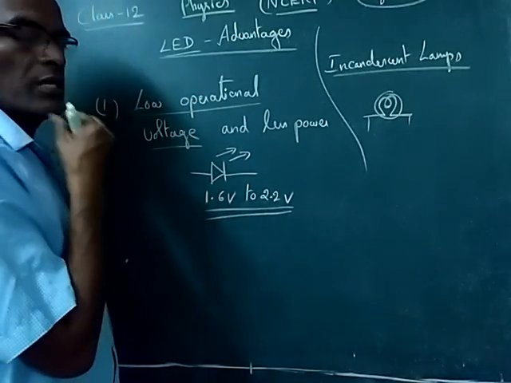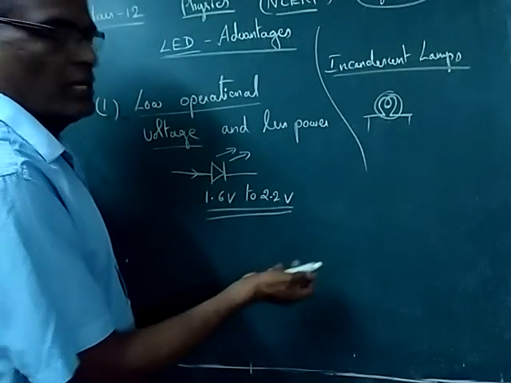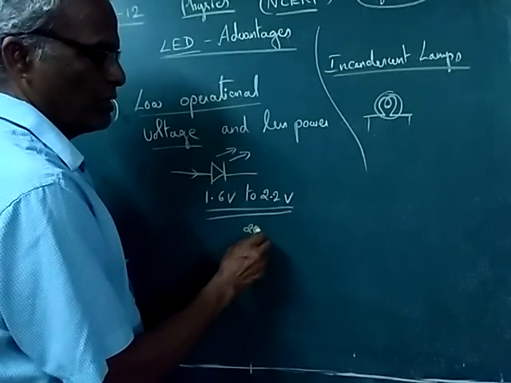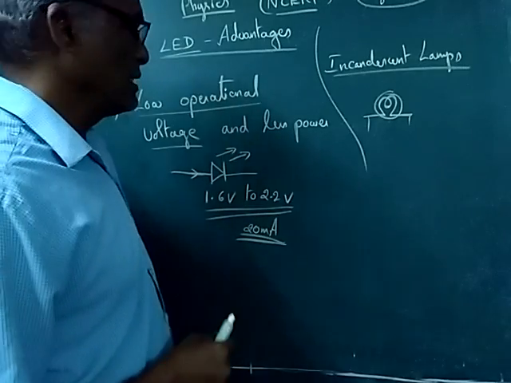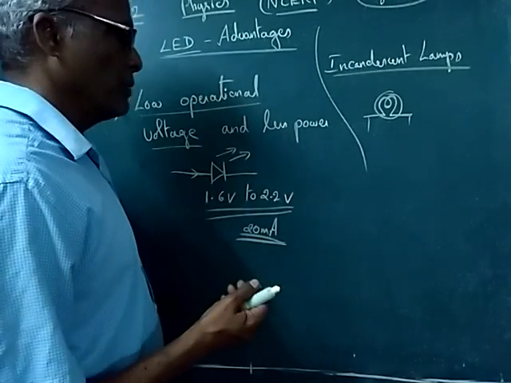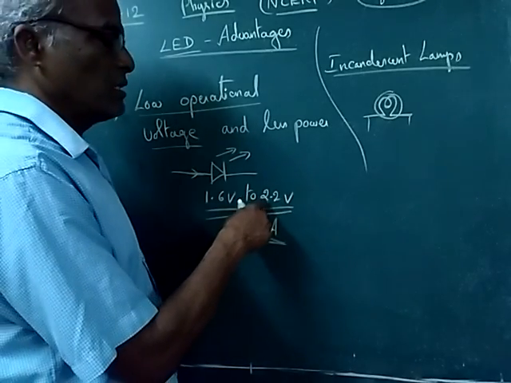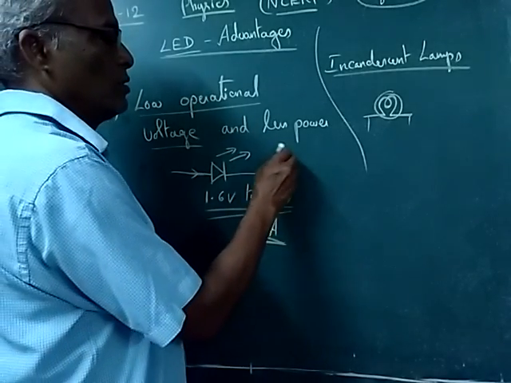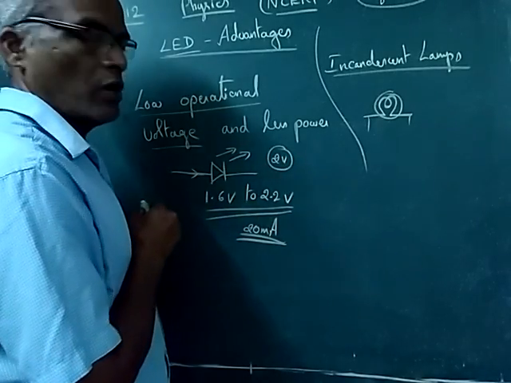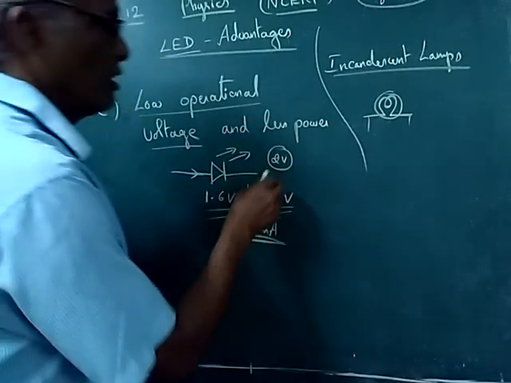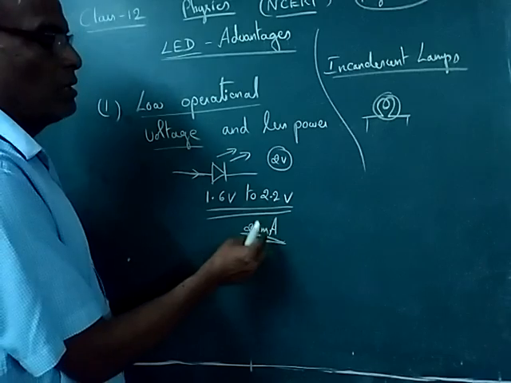Not only does it operate with low voltage, the current through the LED will be roughly, at maximum, 20 milliamps. So the current through the diode will always be less than 20 milliamps. It depends on the power rating, so it will be in milliamps only. Assume 2 volts is the voltage across the diode and the current through the diode is 20 milliamps.